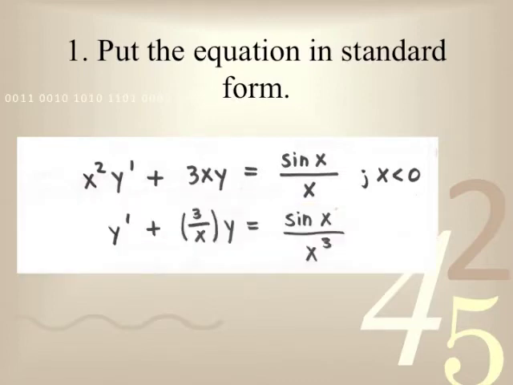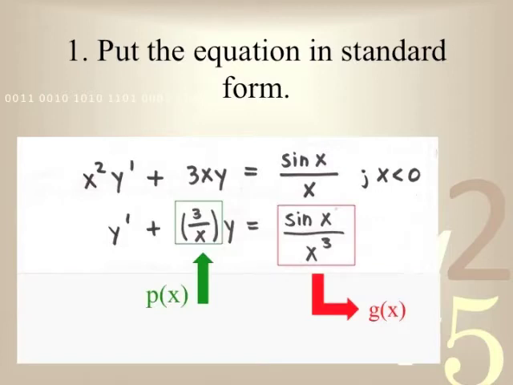That will leave us with y prime having a coefficient of 1, just like we wanted, and a p of x term of 3 over x, and a g of x term of sine x over x cubed. And when I say p of x and g of x, I'm just referring to the original standard equation that was given to you at the very beginning of the tutorial.